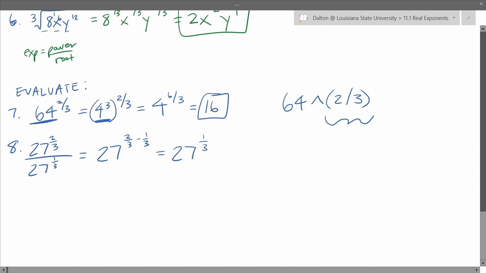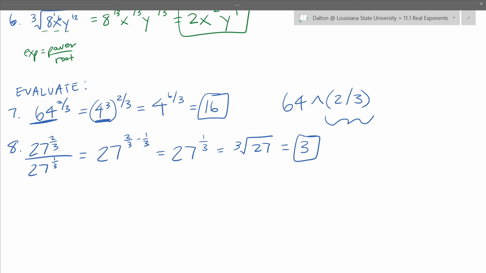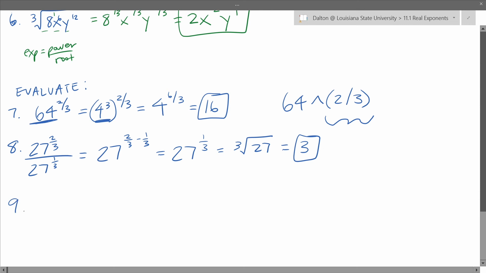And again, 27 to the 1/3 power, power over root, so this is the same thing as the cube root of 27 to the 1st power. The cube root of 27 is 3. If you're not already, you'll get pretty familiar and comfortable with, and hopefully be able to recall very easily square roots, cube roots, 4th roots of your smaller numbers.